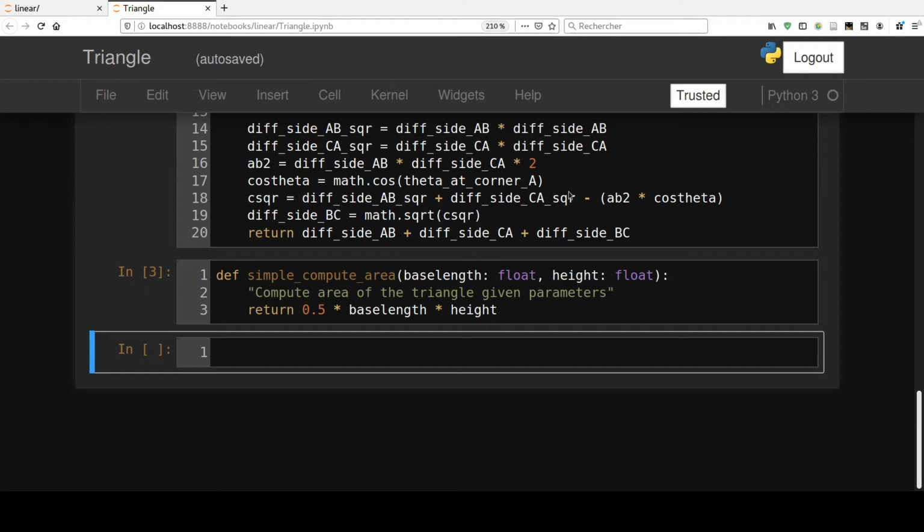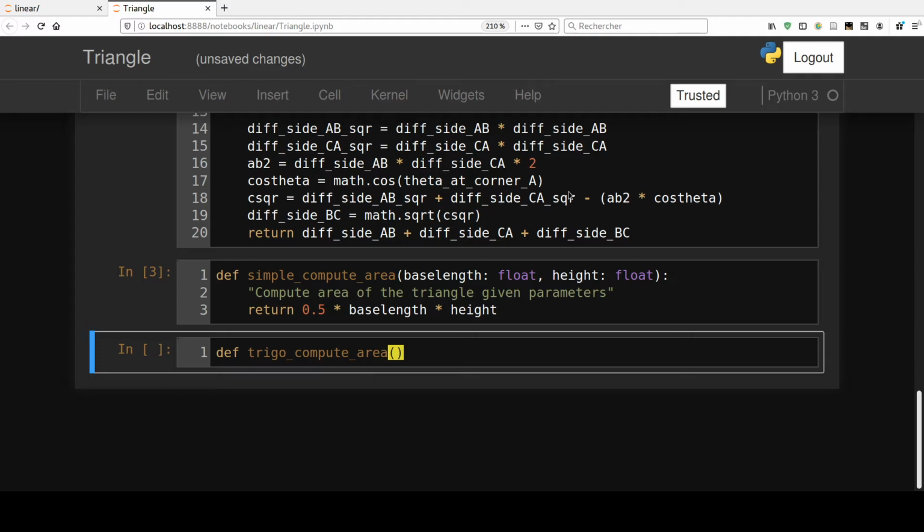So let's see how we compute that, as usual. Trigo compute area.